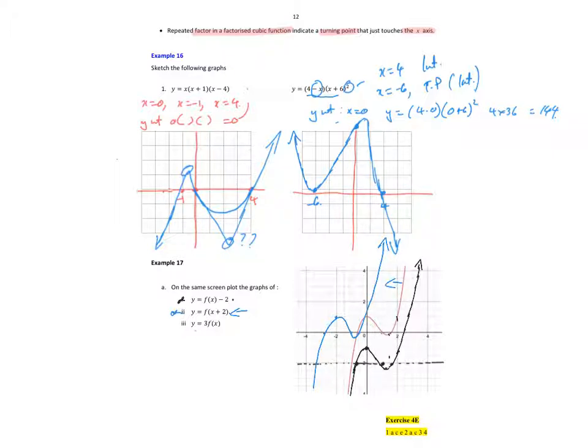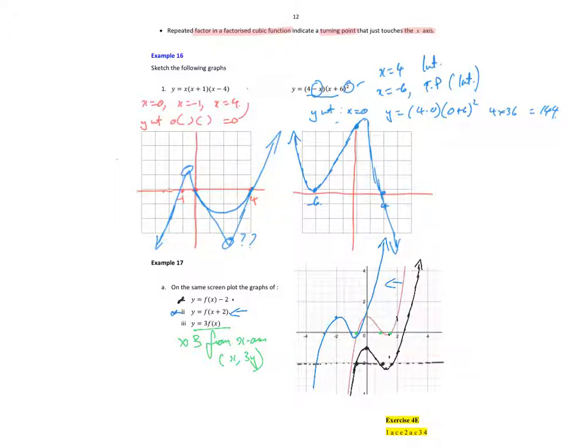Finally, 3 times f of x, well that's the same as dilation by a factor of 3 from the x-axis. So it's the point (x, 3y), isn't it? So it's the y value gets multiplied. So the y value here is 0, the y value there is 0, the y value there is 0, so it's just 3 times 0.